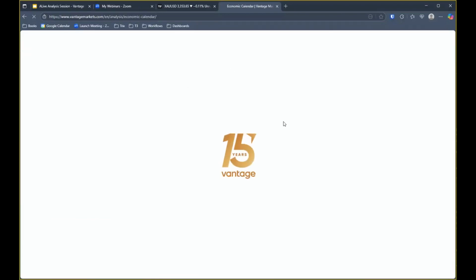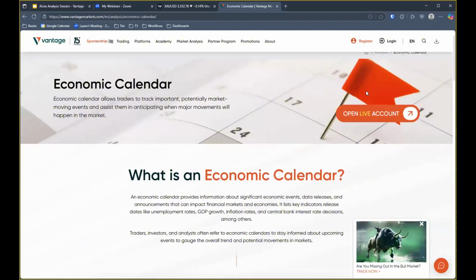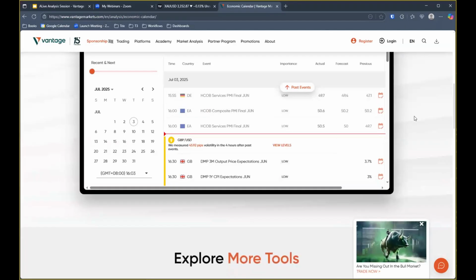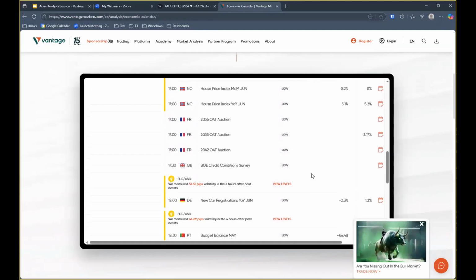This is also where you're going to set up your fresh account with Vantage. So create an account and you'll be able to gain access to your demo accounts as well as your live accounts.